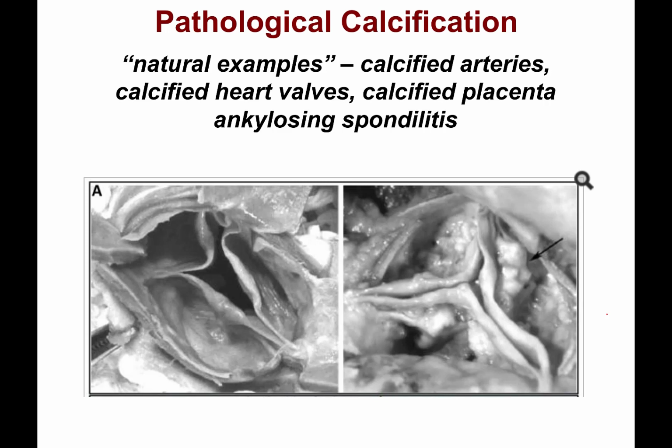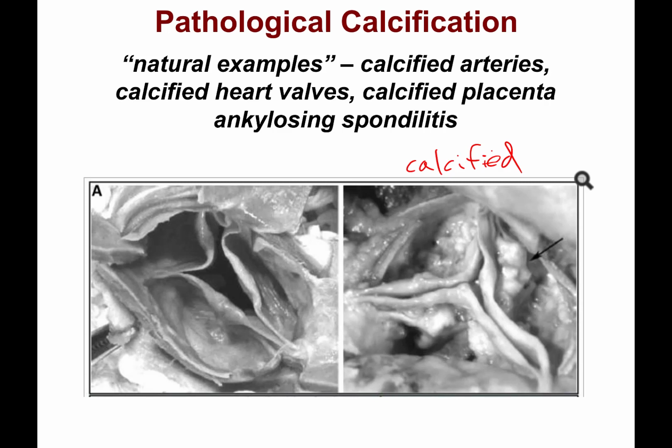Some examples of tissues in our body that can have this pathological calcification are arteries and heart valves, which are shown down here. Here you can see this is calcified on the right. There's also calcification of the placenta that can occur, and then ankylosing spondylitis is another example.